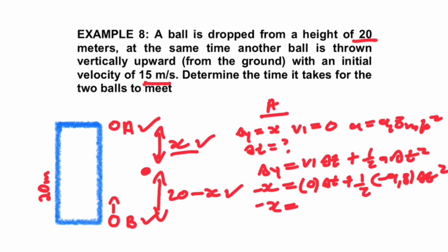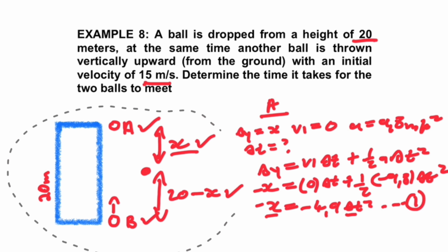Minus x will be equal to 0 multiplied by delta t, that will be 0. And then a half multiplied by minus 9.8, that is minus 4.9 delta t squared. We have two variables, x and delta t. So let's call this equation 1 and use ball B to find equation 2.